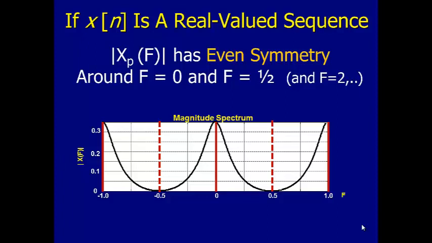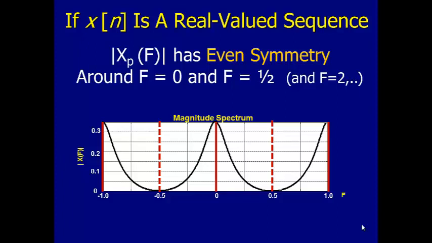However, because it's periodic, it's also going to be even symmetric around f equals 1, f equals 2, f equals 3, f equals minus 1, minus 2, minus 3. And if it's going to be even symmetric around those, it also has to be even symmetric around the Nyquist rate, 0.5 and minus 0.5 and 1.5 and 2.5. So even symmetry around even more points than the continuous time version.